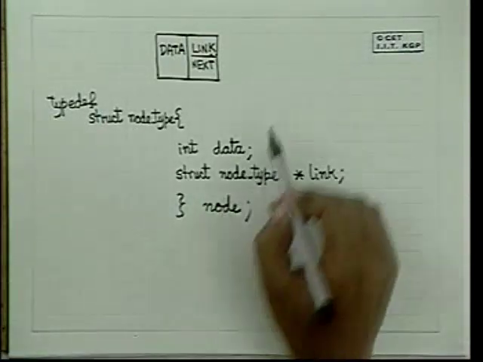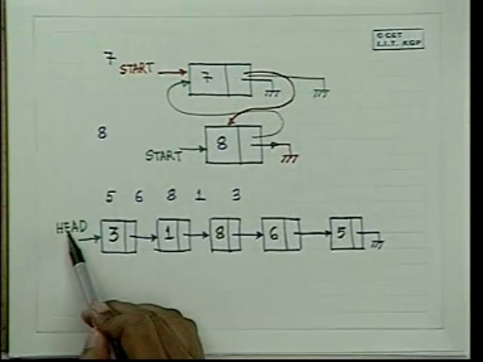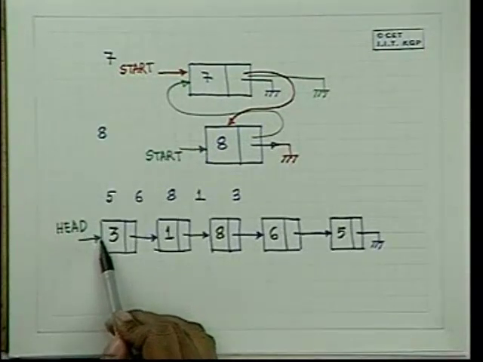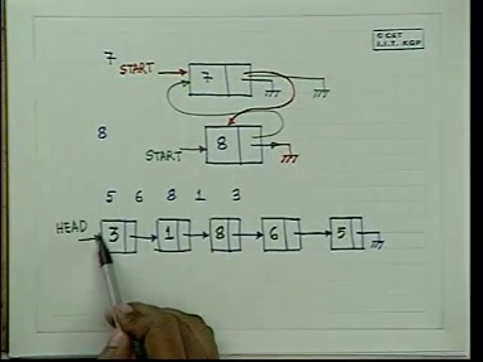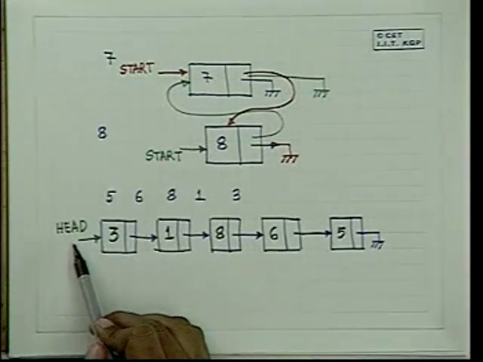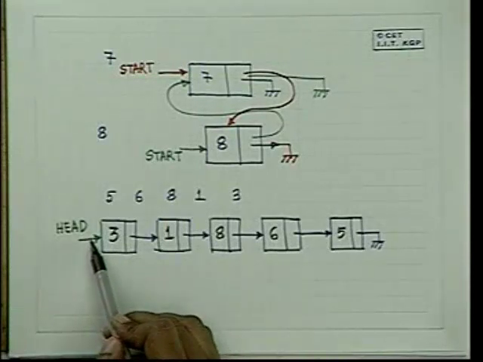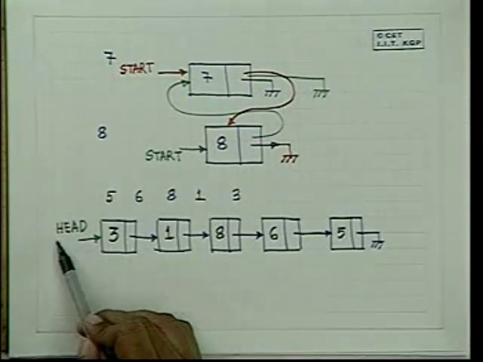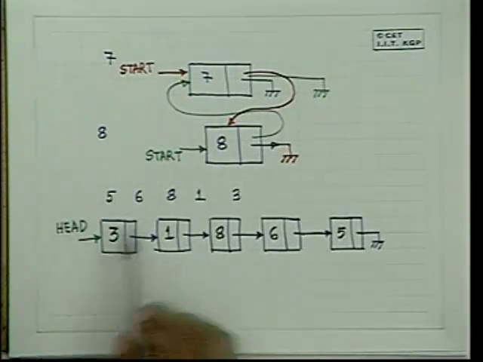Now the linked list, on the other hand, the head of the linked list will be a pointer to this node. So any linked list is not a node, but a pointer to a node. Any variable which defines a linked list is not a node, but a pointer to a node.